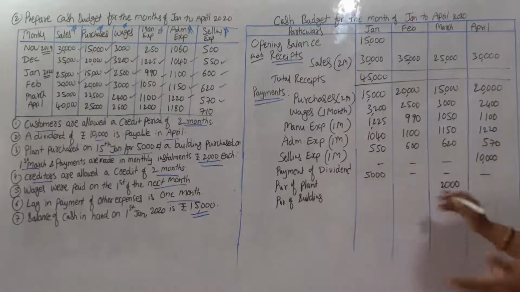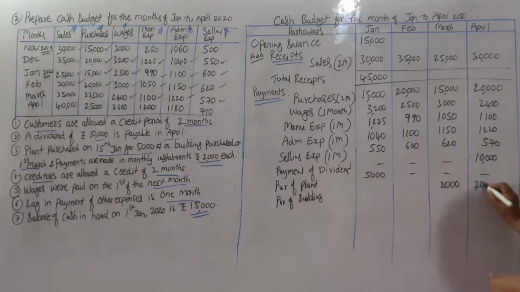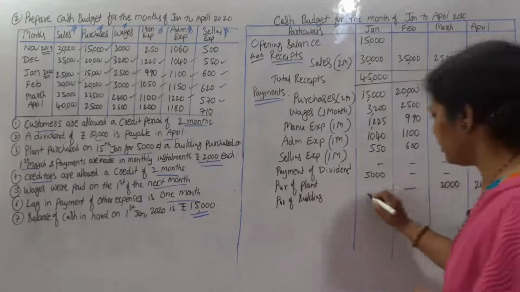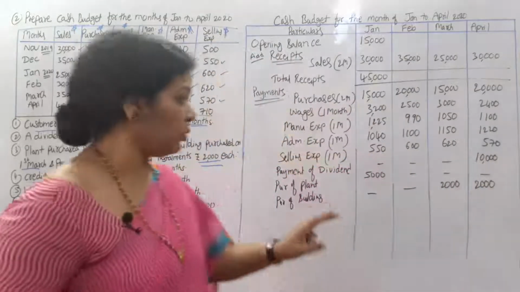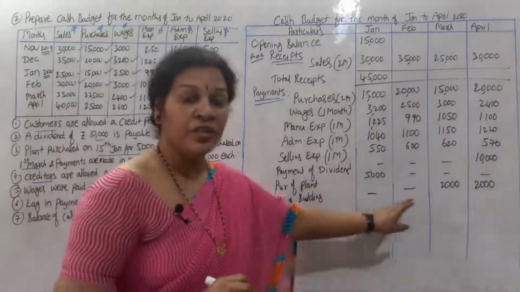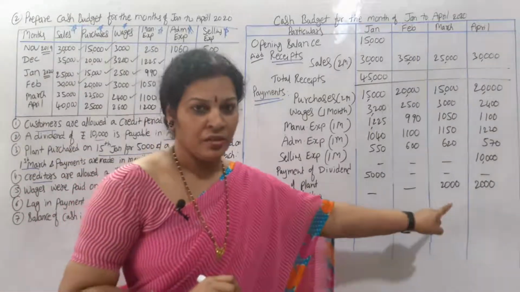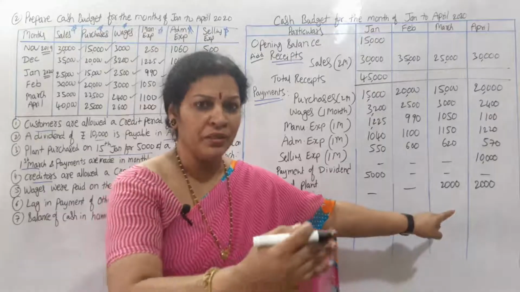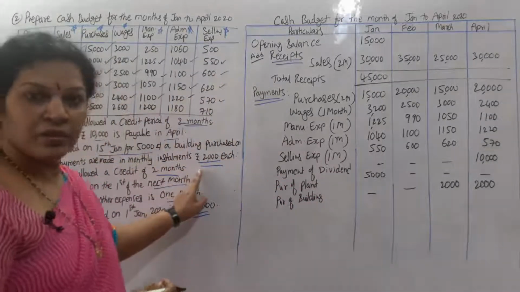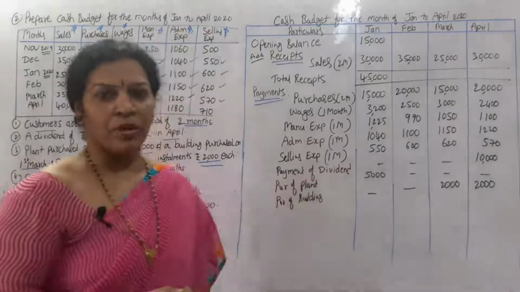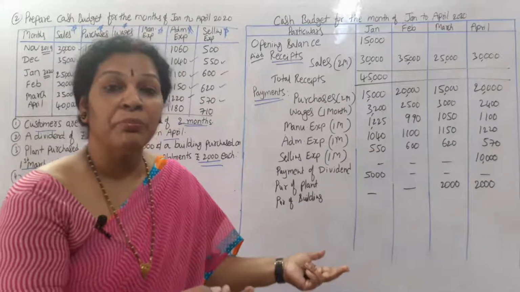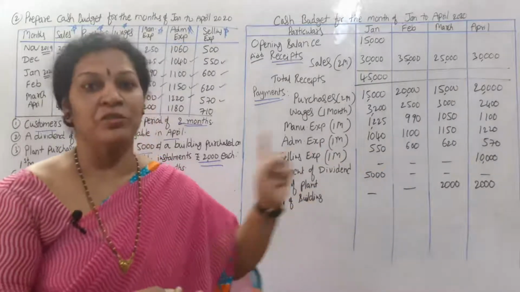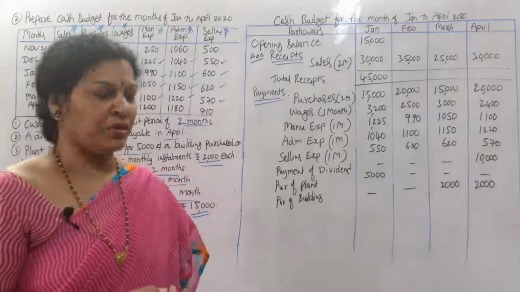Every month means one more month is there. 2 months only. Purchased on March, so obviously it doesn't come in January and February months. March we have paid, and also every month we have to pay this 2,000 rupees. So next month also I have paid. If more months we are supposed to pay, those months also we are going to pay 2,000, right?